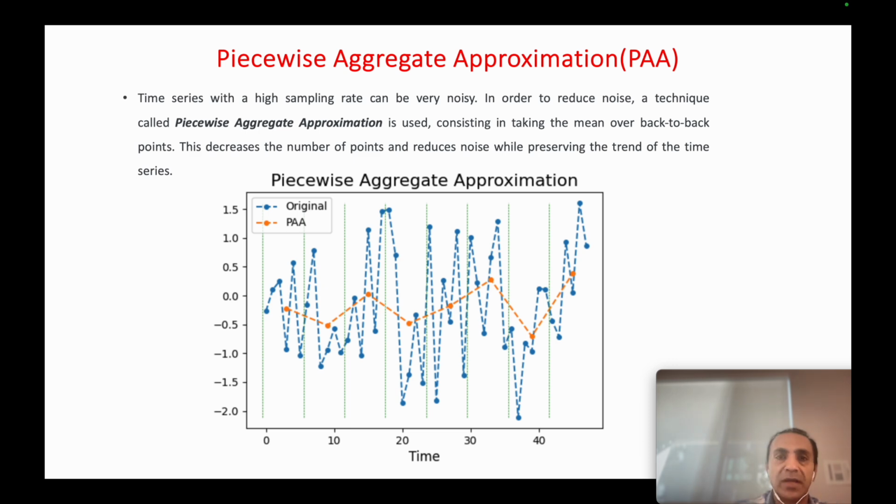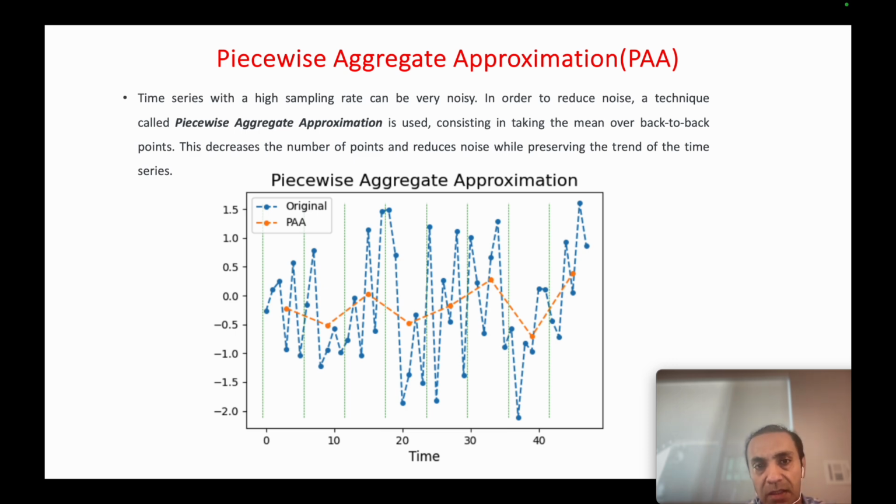Piecewise aggregate approximation, which is part of this method SAX-VSM, basically uses the time series with a high sampling rate, which is very noisy. In order to reduce noise, we take the mean over back-to-back points, which decreases the number of points and reduces noise while preserving the trend of the time series.